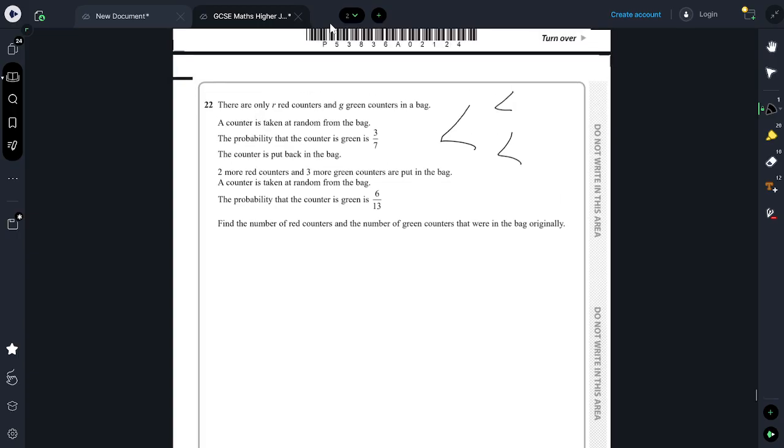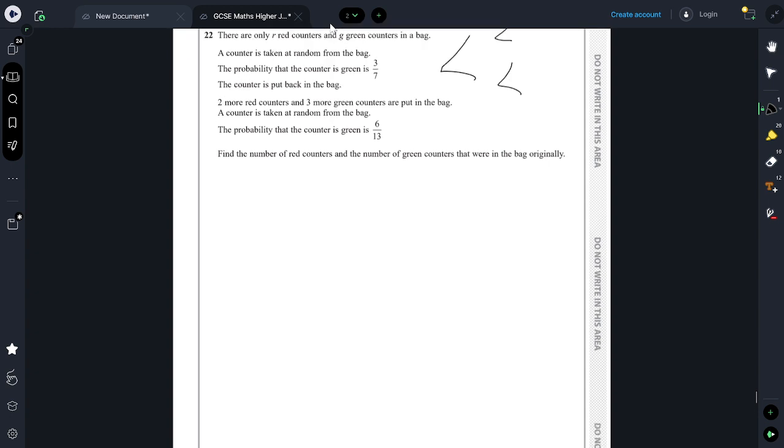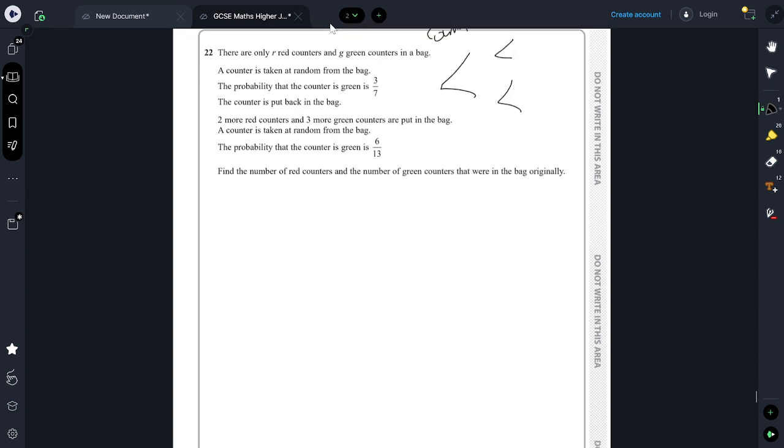So this is counter 1, and this is counter 2. Anyway, it's going to be a tree diagram. When you've got a situation like this, where things are being taken from a bag and they want you to deal with probabilities, it's tree diagrams, okay?